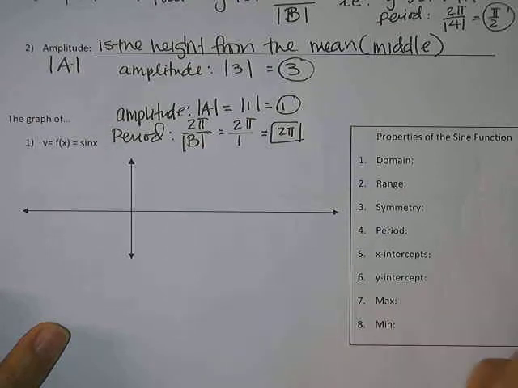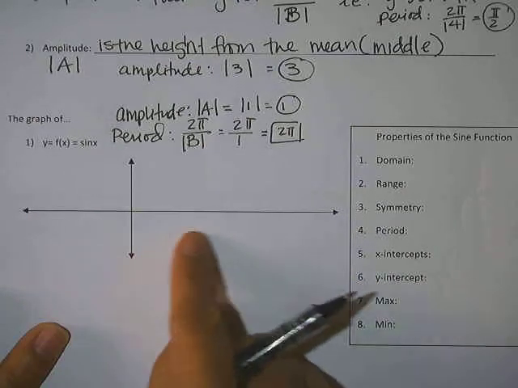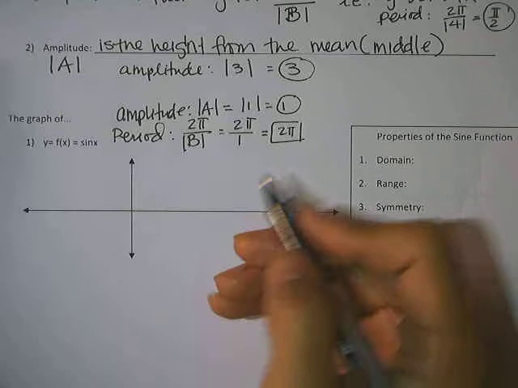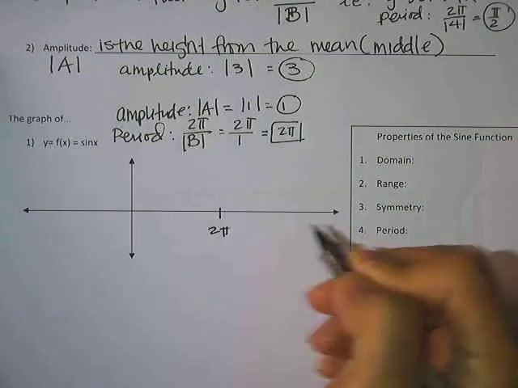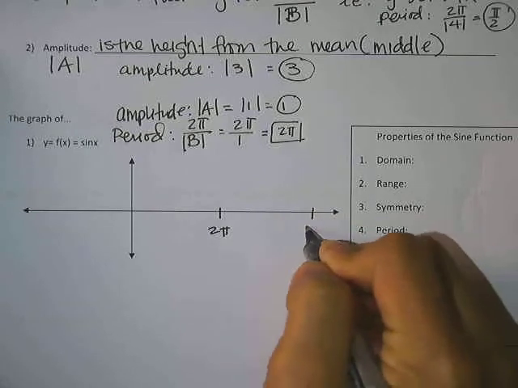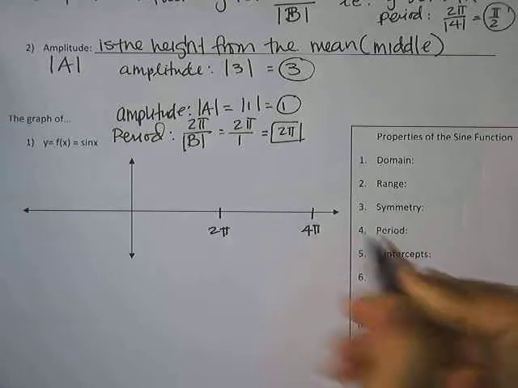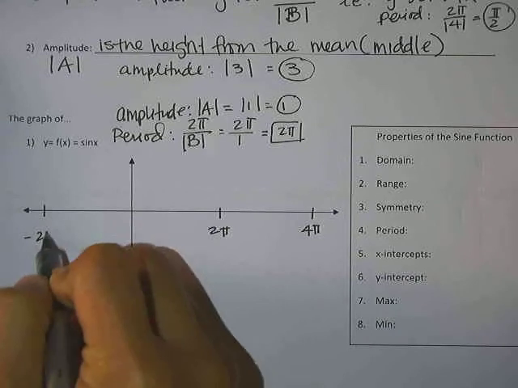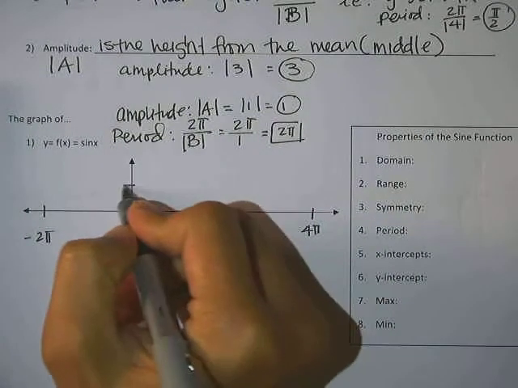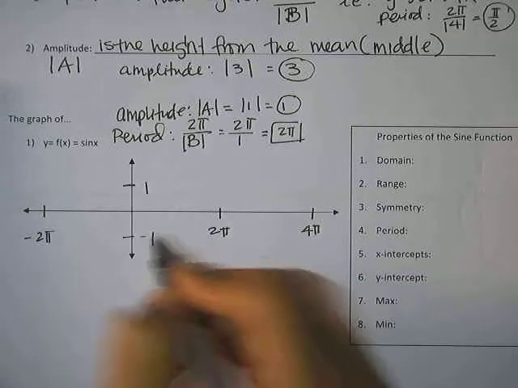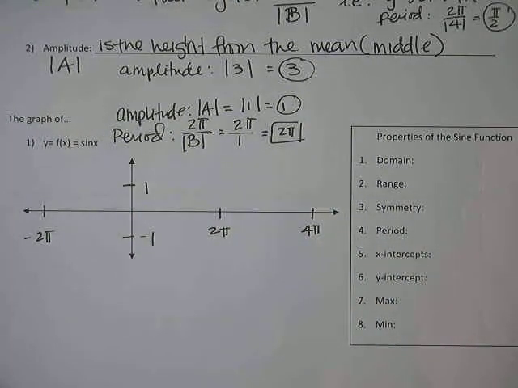So I'm going to graph out 3 full periods. Each period is 2 pi, so this is 2 pi, that's 1 period. 2 periods is 4 pi. And then I'm going to do a negative period, which is negative 2 pi. Because my amplitude is 1, I'm going to go as high as 1 and as low as negative 1, since it's the height from the center.